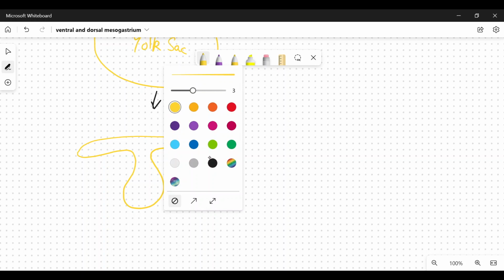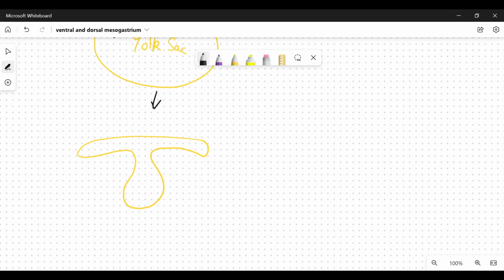Now these parts of the endodermal tube are called the foregut, from here up to this part, which is not communicating with the yolk sac directly. This part, which is communicating with the yolk sac directly, is called the midgut, and the part caudal to it is called the hindgut.